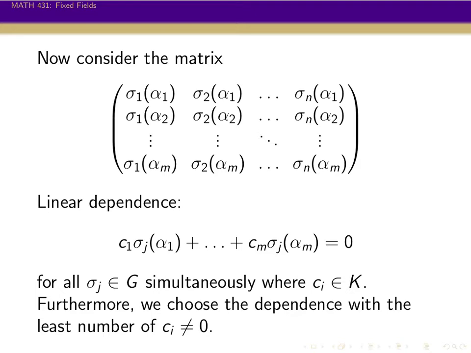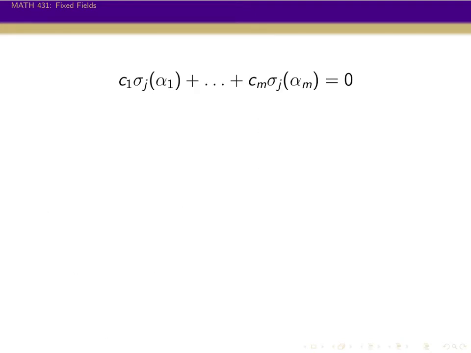And so we can choose the one that has the least of them. Okay, so we have one of these equations for each sigma j in G.